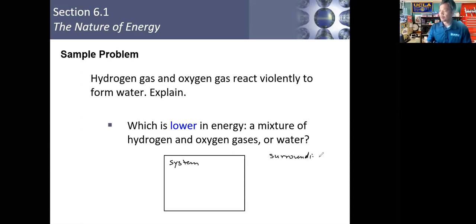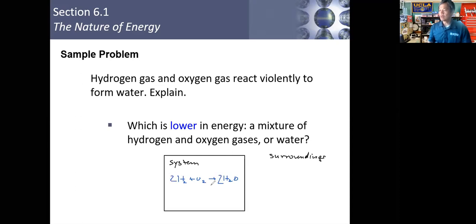The process then is the chemical reaction, the reaction between hydrogen and oxygen to form water. So it's going to be hydrogen plus oxygen to form water, with coefficients 2, 1, 2.